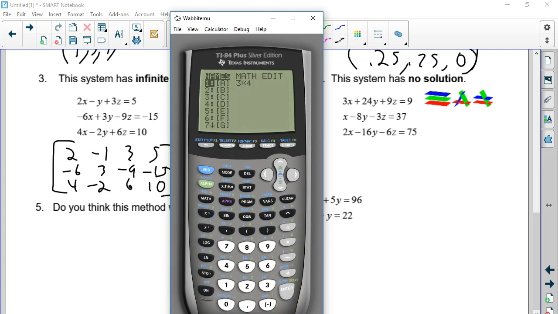Go to matrix, math, go up to RREF, tell it to look again in matrix A, hit enter.